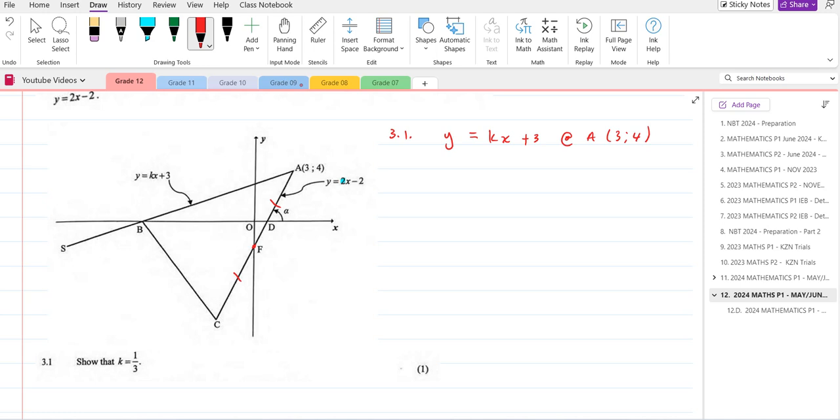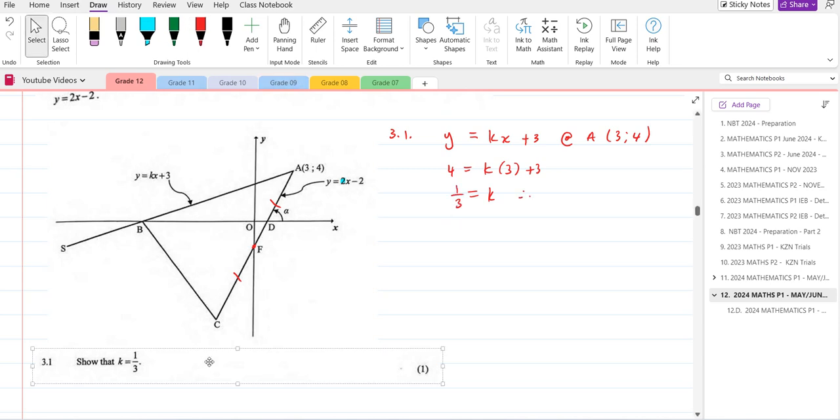The equation of AB is y equals kx plus 3, so A lies on this line. So y value is 4, k times 3 plus 3, you can take the 3 over and divide by 3, therefore k equals 1/3. I hope you guys understood that.